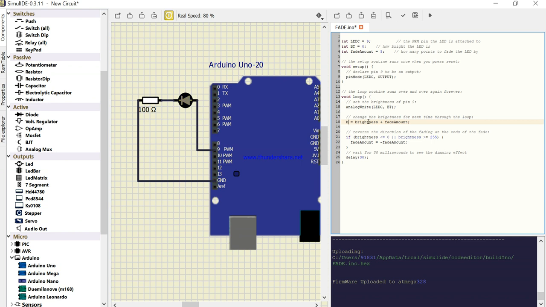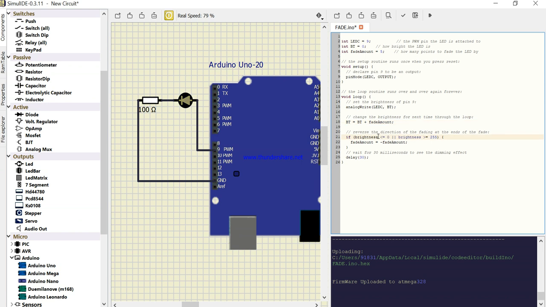If the fade amount is 5, it is just like a table of 5: first 0 plus 5, then 5 plus 5, then 10 plus 5, then 15 plus 5, then 20 plus 5, then 25 plus 5. So the fade amount starts at 5.